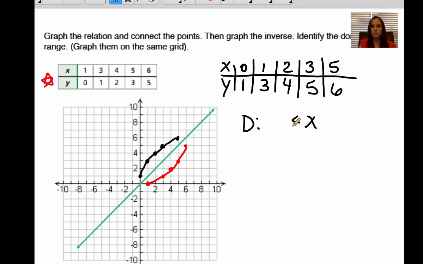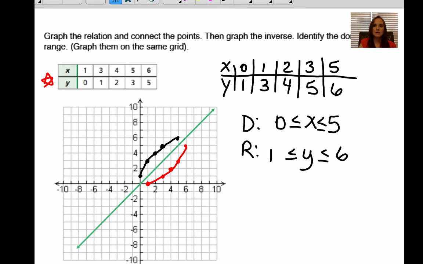So the x values are between 0 and 5. Then the range for this inverse, the lowest to the highest, the lowest is 1 and the highest is 6. So the y values exist between 1 and 6.